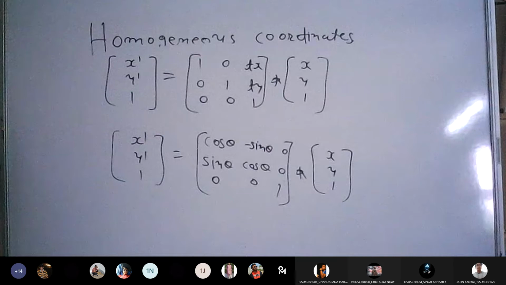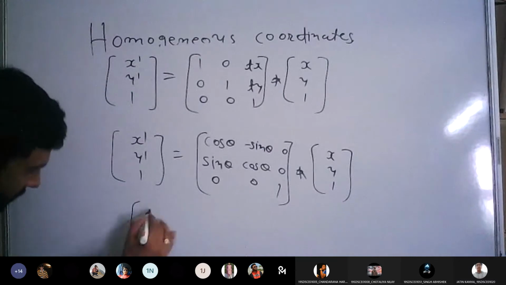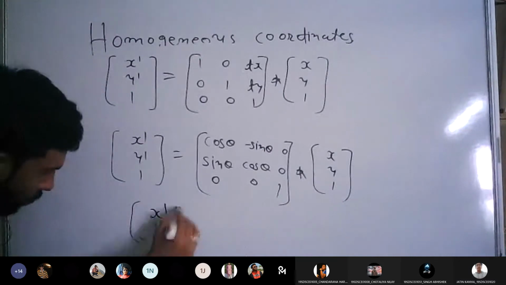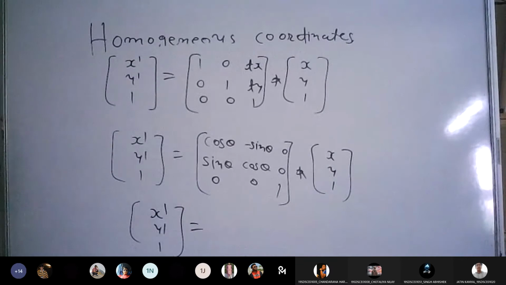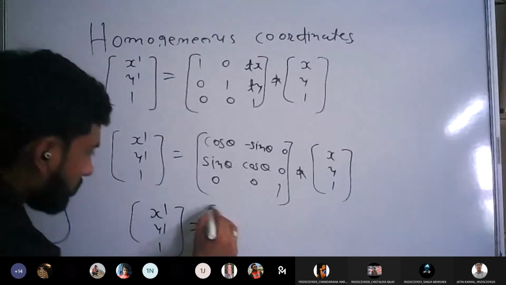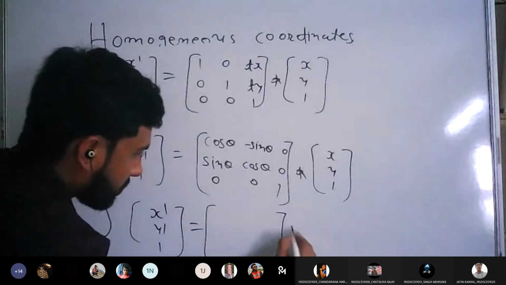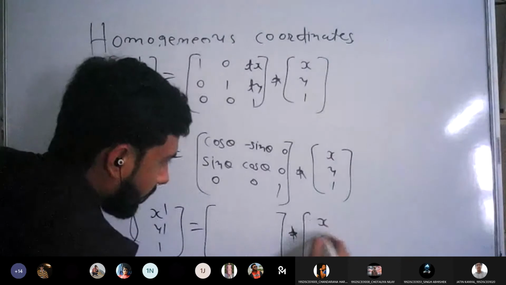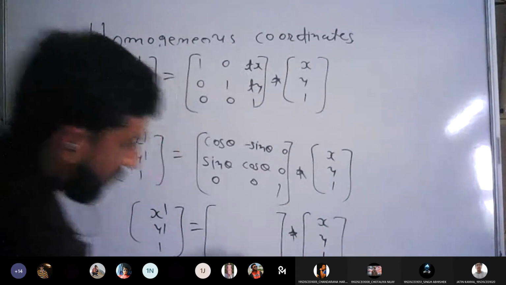Yes sir. Same thing for scaling. If I want the scaling matrix, x', y', 1 equal to, I can write the middle matrix into x, y, and 1. What to write here?